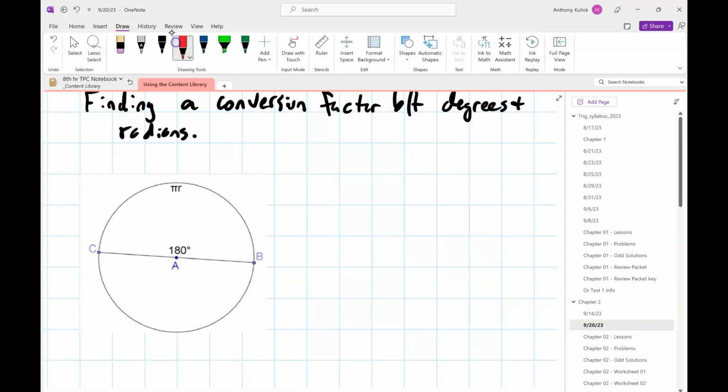So if we take a look at this picture, I see that we have a central angle, which is angle CAB. And what's the measure of that angle CAB in degrees?